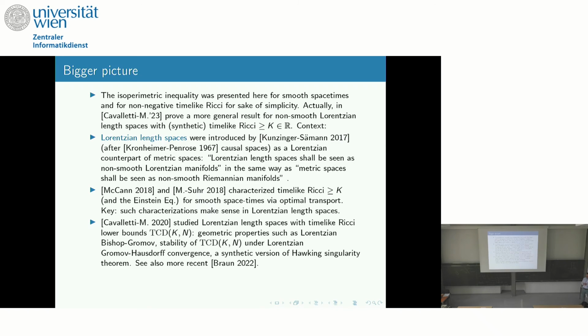Then there has been a huge work by the Austrian school, which is very remarkable, of lowering the regularity of the metric to C^{1,1}, and some results go to C^1. And actually, with the paper with Fabio, we can go even below.